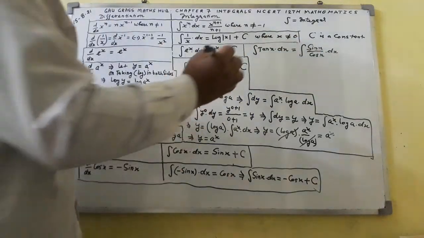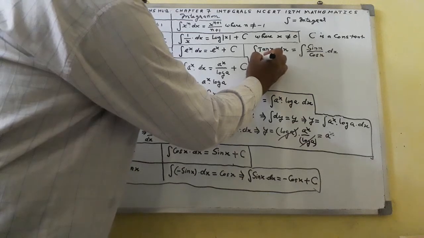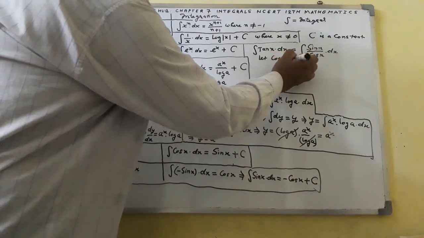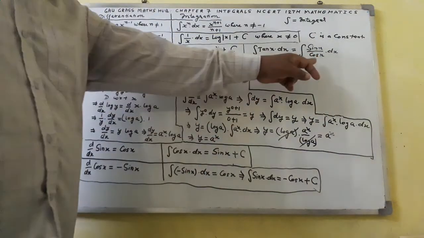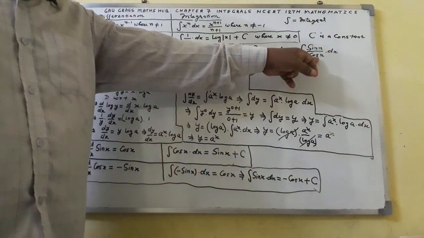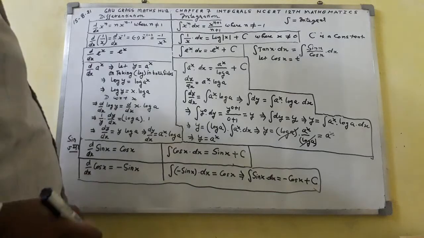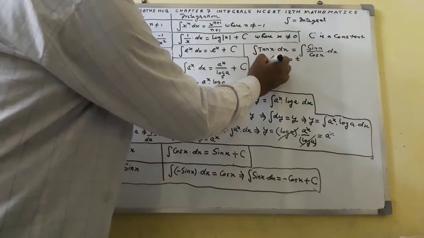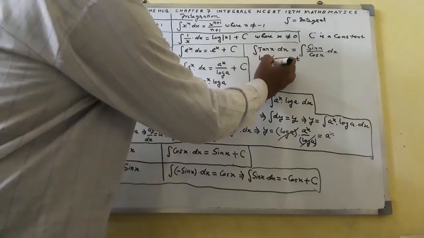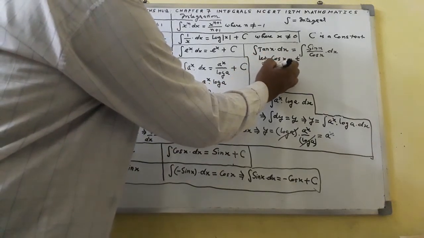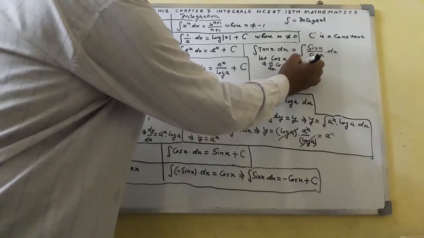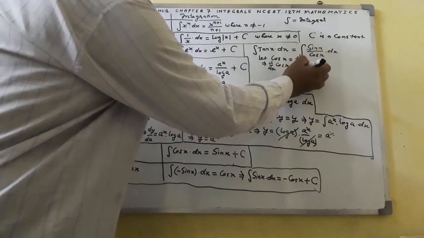I can write again here, let cos x equal to t. In place of cos x, I shall put t. What will we do here? Here again I shall write d over dx of cos x equal to d over dx of t.